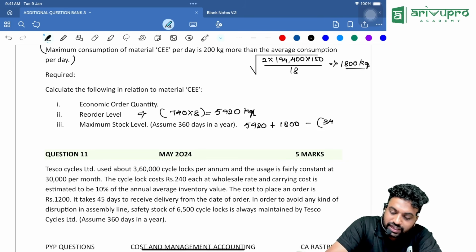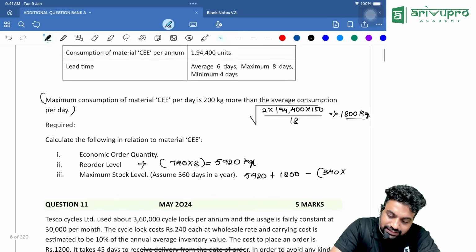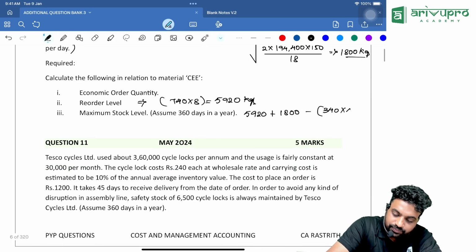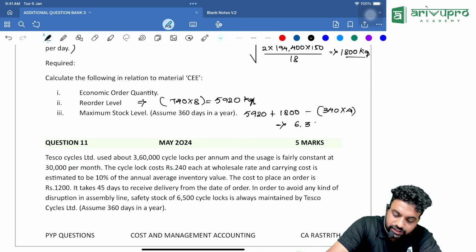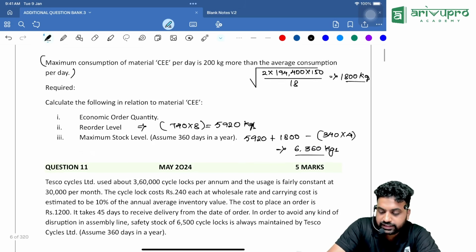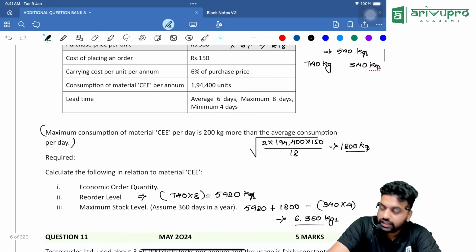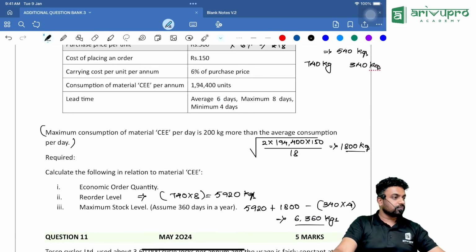Minimum is 340, minimum lead time is 4 days. How much is it? 6,360 kgs. That will be your maximum stock level.